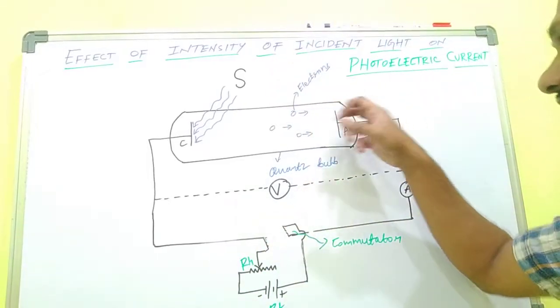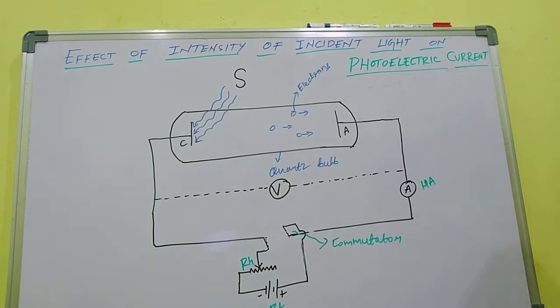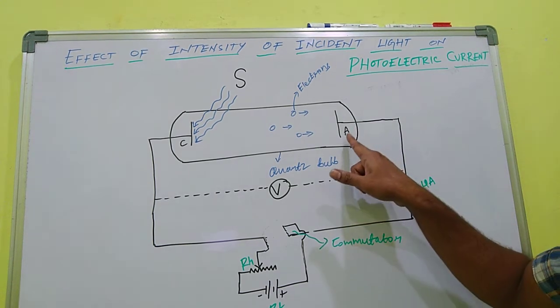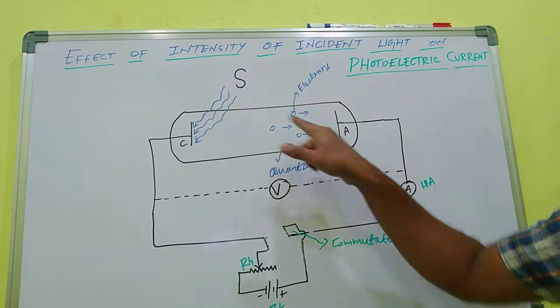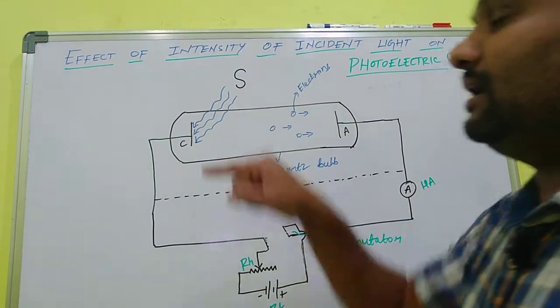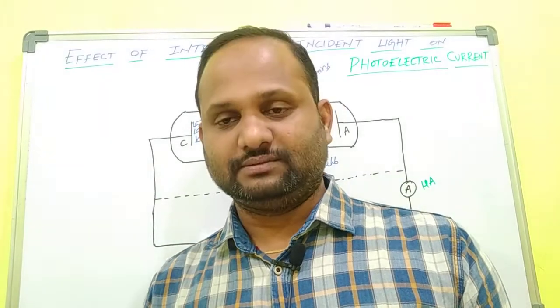The positive potential anode efficiently attracts the electrons emitted from the cathode due to irradiation by an electromagnetic wave of a particular wavelength.